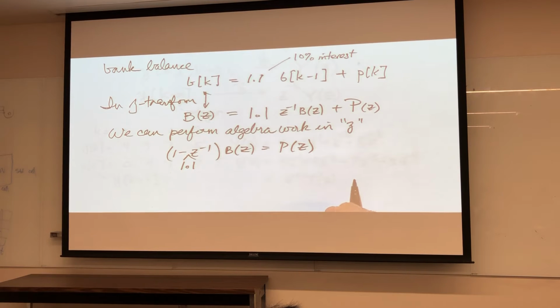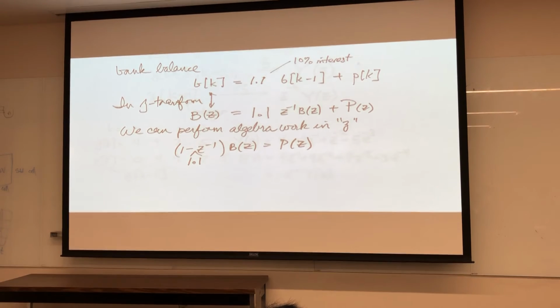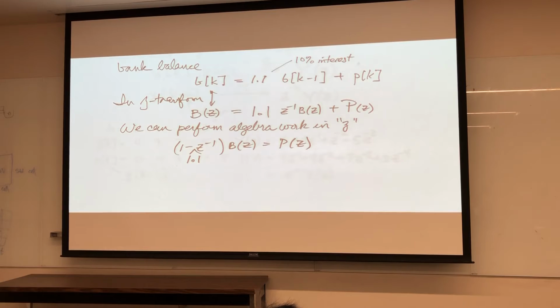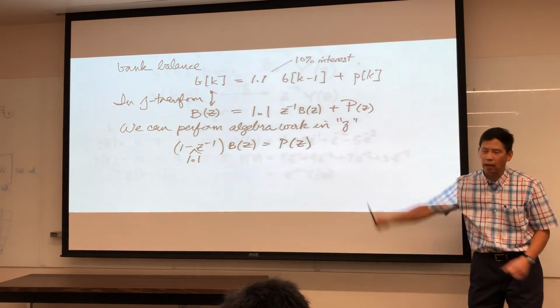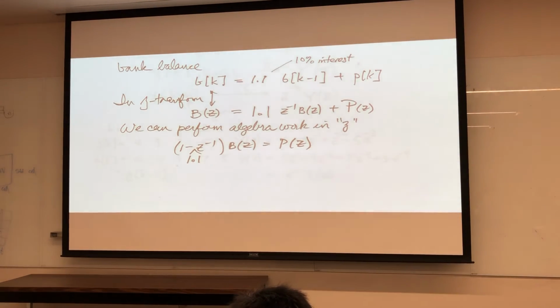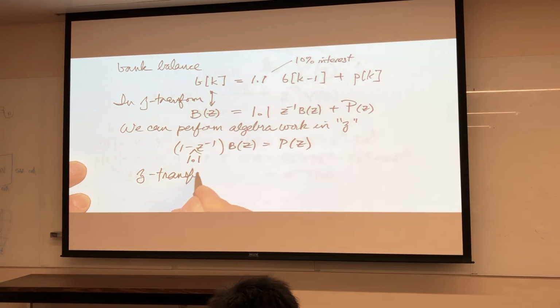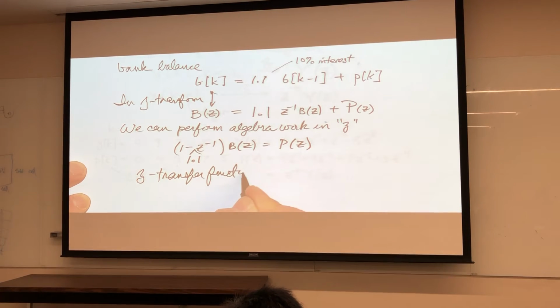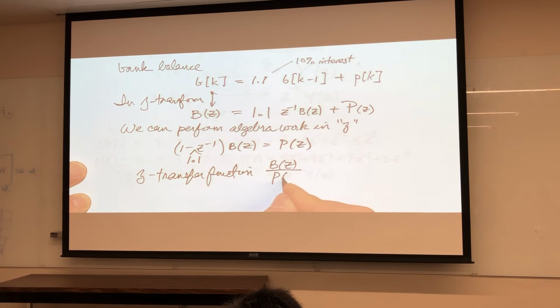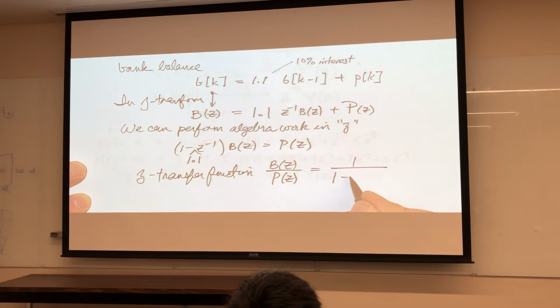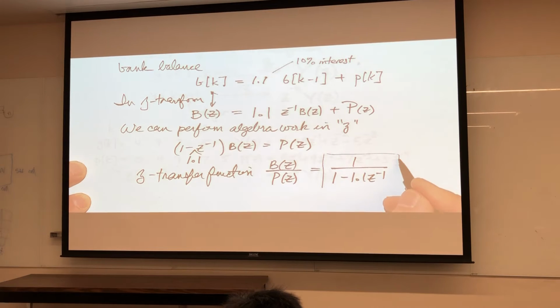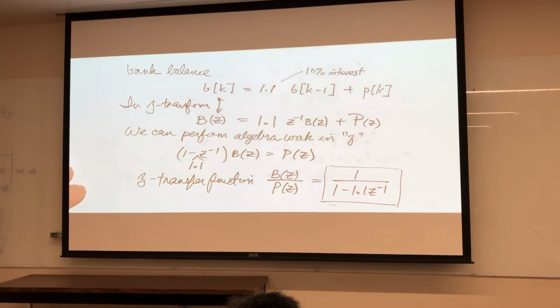And so I can express the relationship between payment in and my balance as a transfer function. It's a z transfer function describing my bank balance, the output, in relation to my payment, the input. In this case, it is 1 over 1 minus 1.1 z to the minus 1. It's this expression here as a z transform expression.